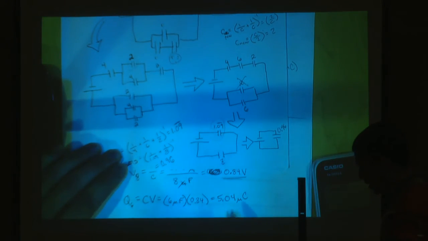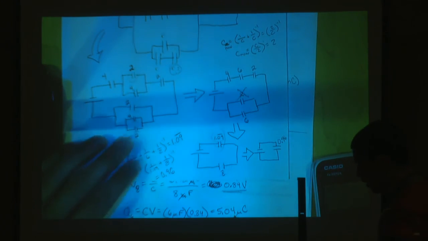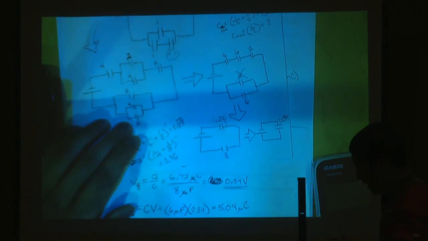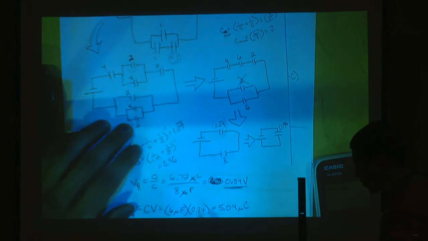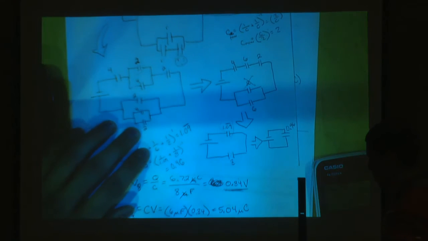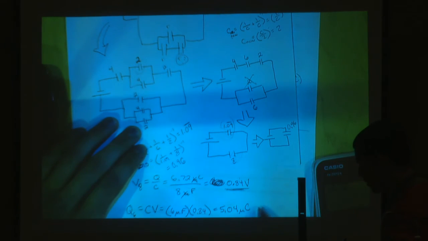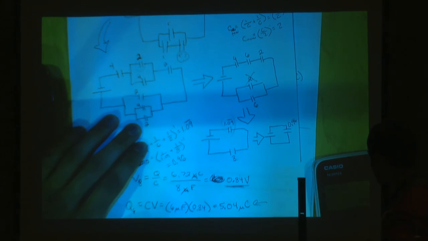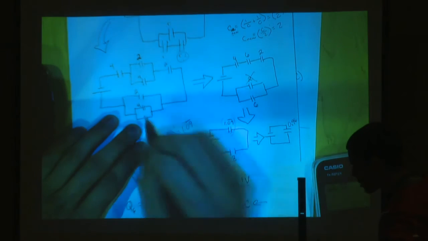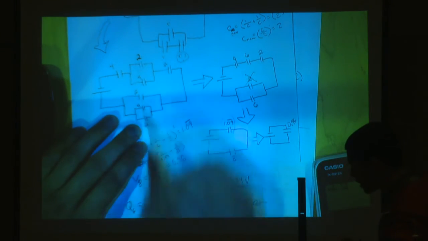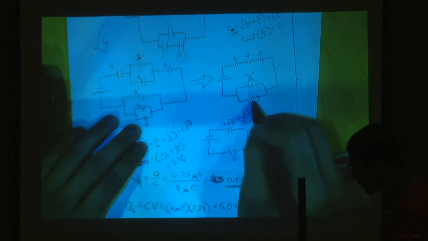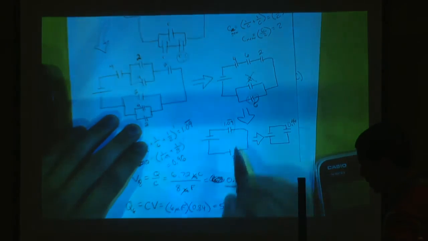Okay? So now we take this, we break it up into parallel again. We had our potential as 0.84, thus these two will have the potential of 0.84. So we don't even have to do this, thinking about it. So we look at this one, we see that each of these have the same potential as this one, because we just broke it up into parallel twice.